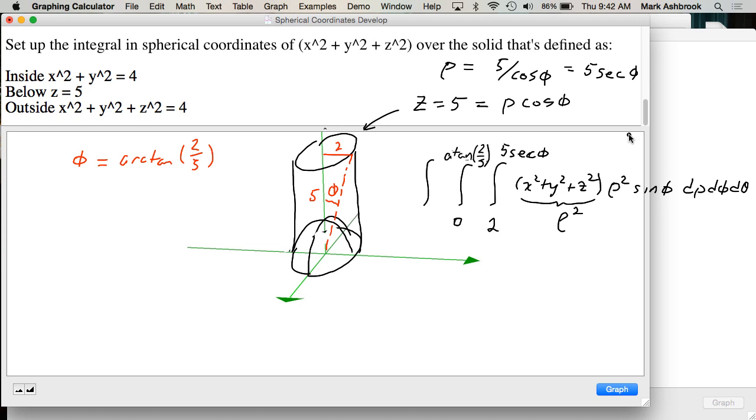So the arrow enters through the sphere at 2 and leaves the top plane at rho equals 5 secant phi, but that's only when the angle phi is between 0 and this angle here, arctangent 2/5. I can't explain it any better than that. Doesn't make sense? Question, please.